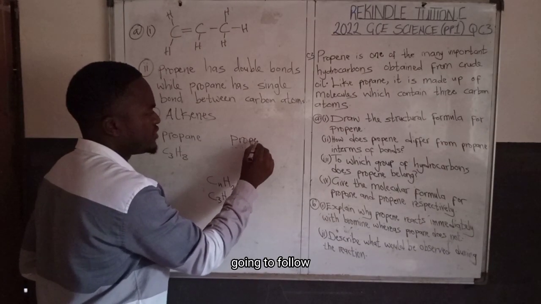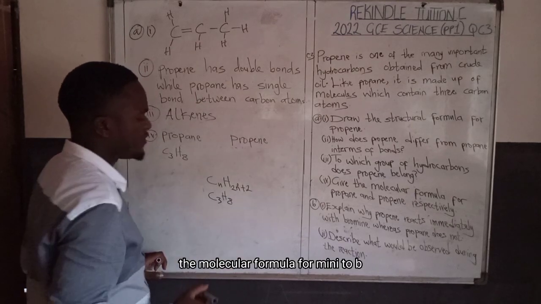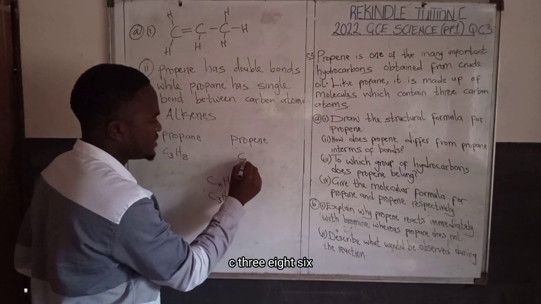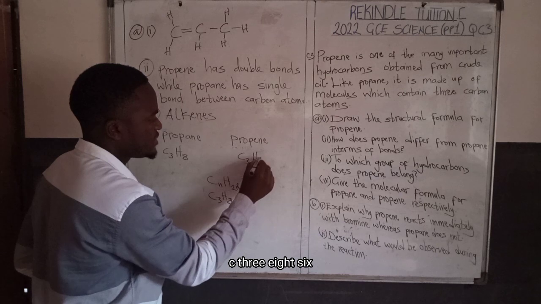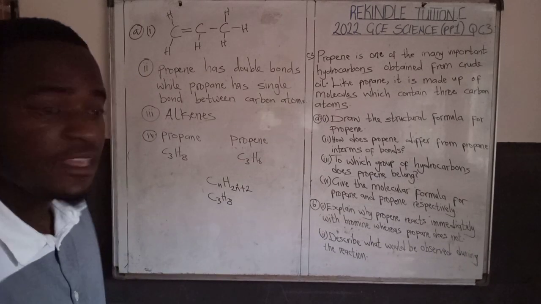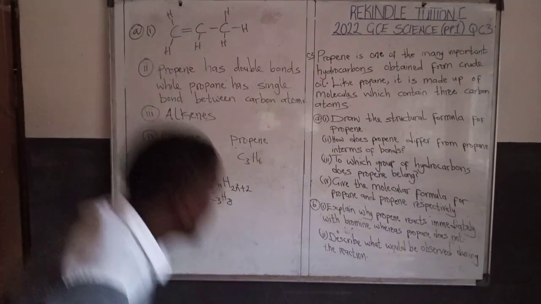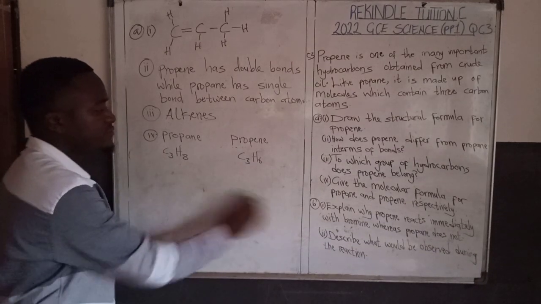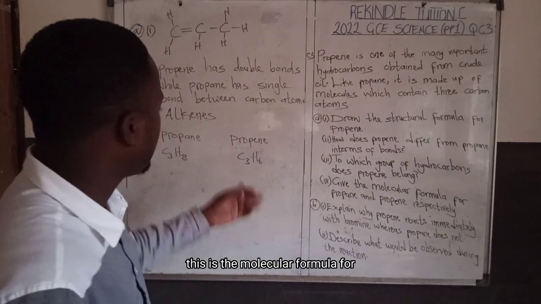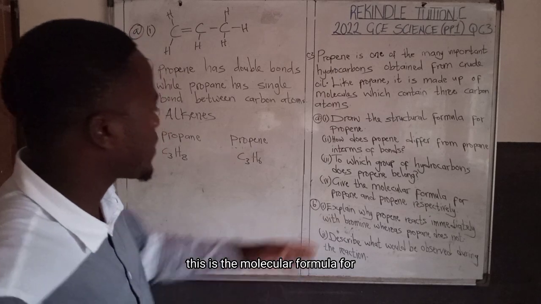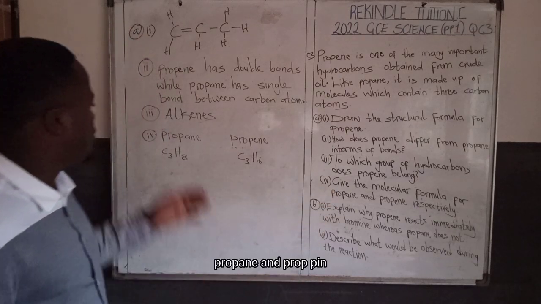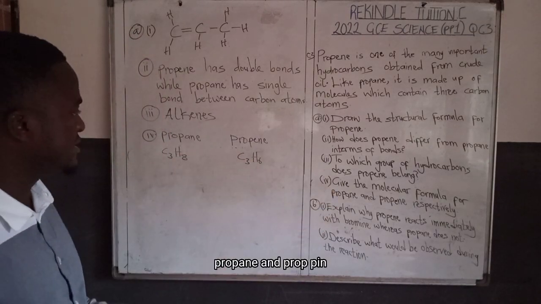Then for propene, we already found the molecular formula for propene. It will be C3H6. So this is the molecular formula for propane and propene.